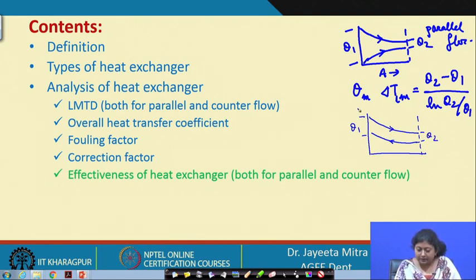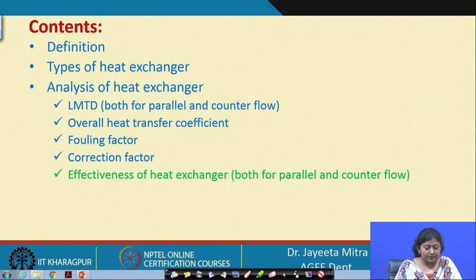So, this will be TH1, TH2, and this is TC1 and TC2, where in the first case, parallel flow, this is TC1 to TC2 and this is TH1 to TH2. In the counter flow case, theta 1 will be TH1 minus TC2 and theta 2 will be TH2 minus TC1. This we have discussed in our previous classes on heat transfer.